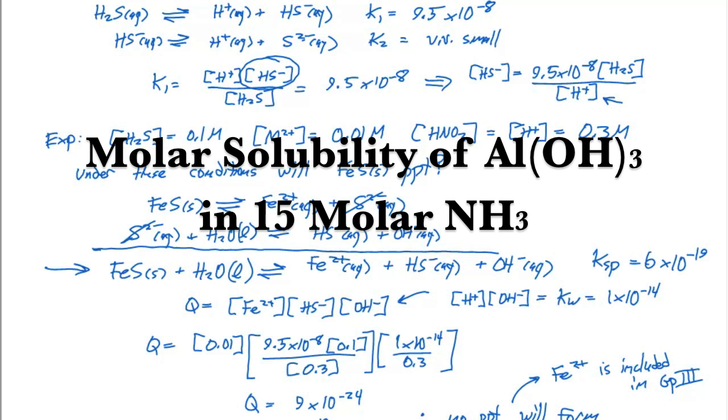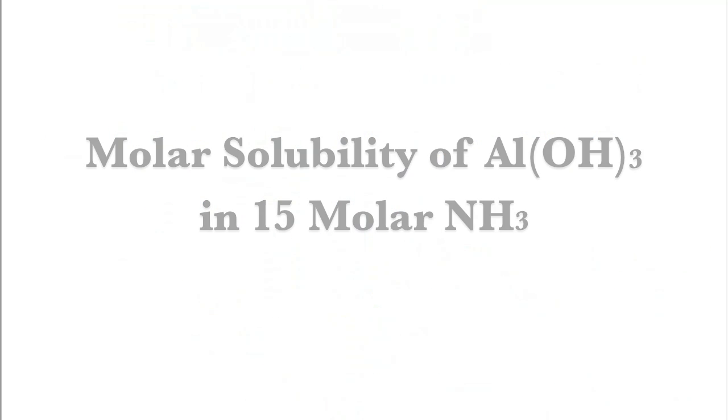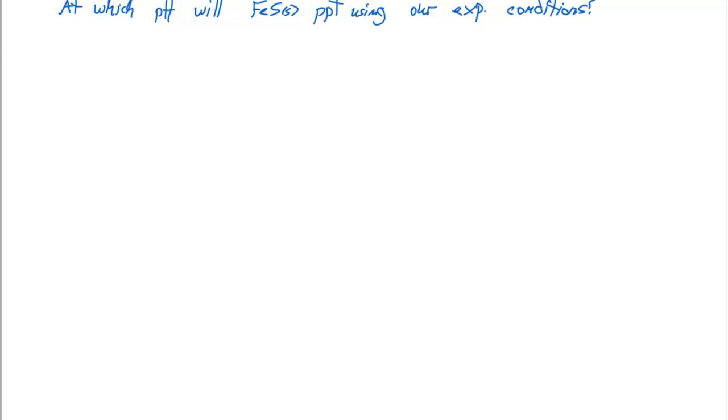So the next part of this particular question will be, at which pH will FeS precipitate using our experimental conditions? We can actually calculate the pH at which this will precipitate out.